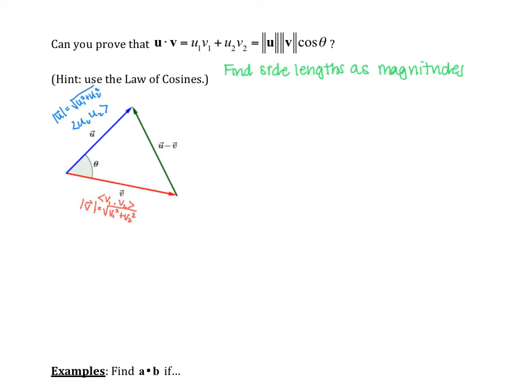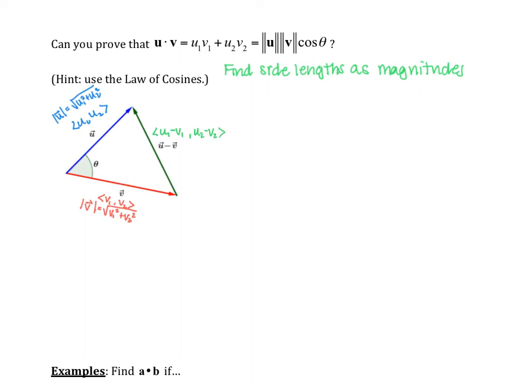Since this green vector here represents subtraction of vectors, remember that for addition, if we took u and added it to v, we would place it from the tail end of v, the ending point of v. So to find u minus v, do you agree that the components would be u1 minus v1 and u2 minus v2?